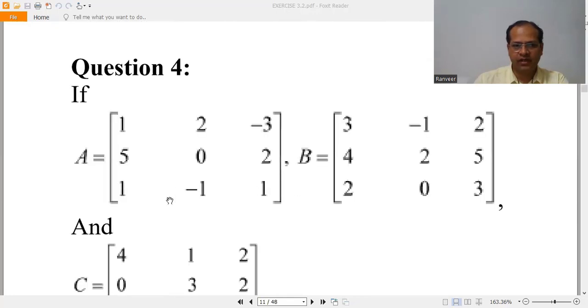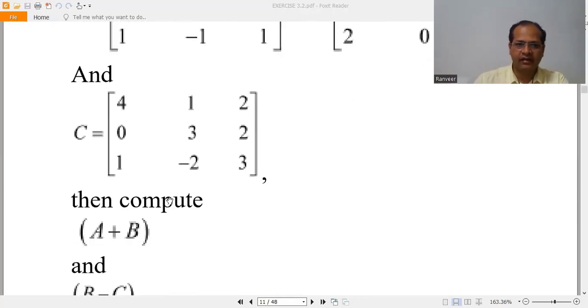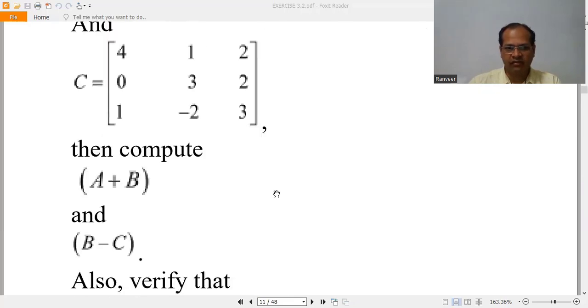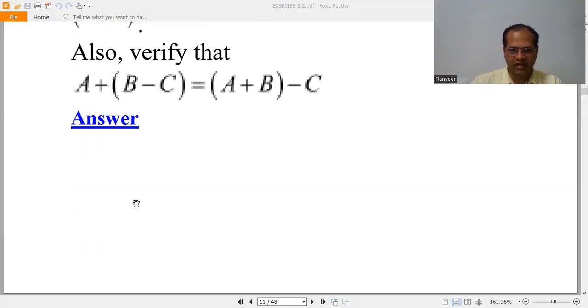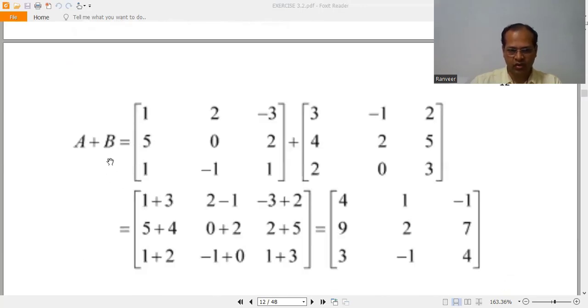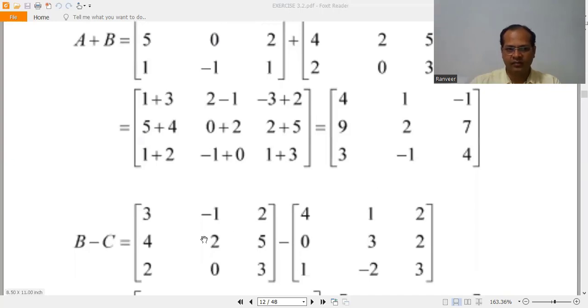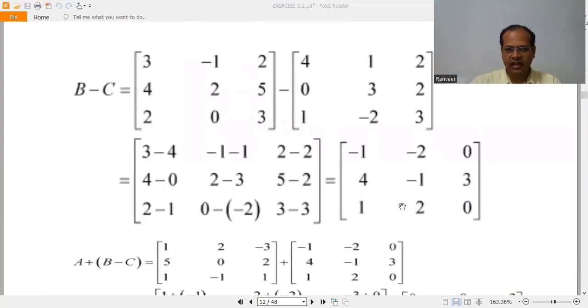Question number 4, A, B and C, 3 matrices are given. We have to compute all the values. So similar type of question. Now I am moving fast. So A plus B, we have to add; B plus C, also verify, this is the value, just adding and subtracting all the values. So for A plus B, the corresponding elements we have to add, and this is the matrix B minus C, and this is the element.